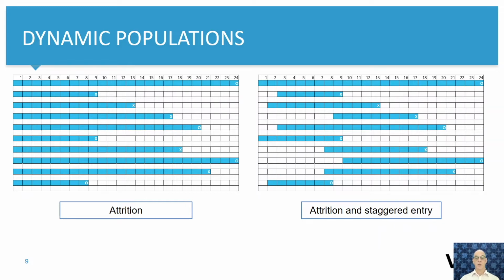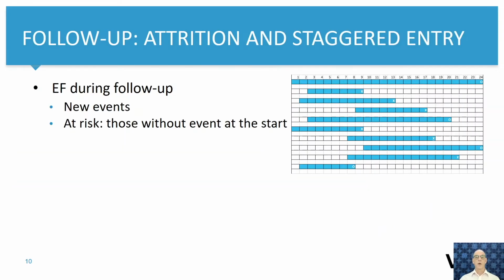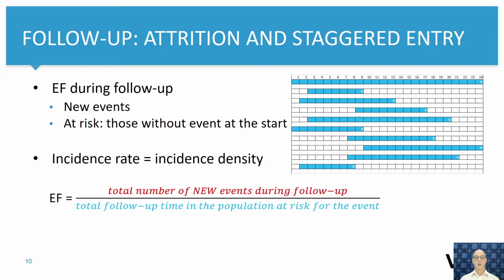entry in our study. For dynamic populations, we formulate our epidemiological fraction slightly differently. We still look at the new events occurring during the follow-up, and we still look at the people who start the follow-up without an event. But the denominator changes.